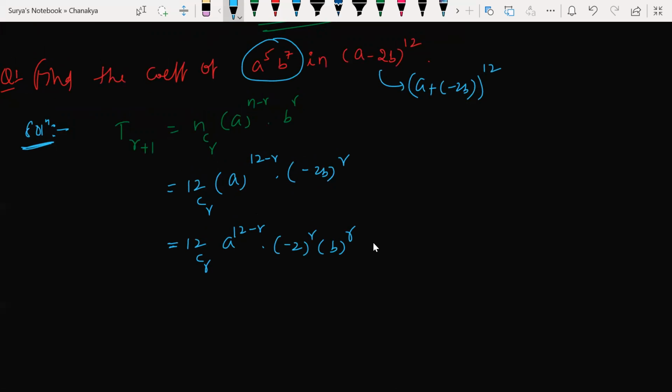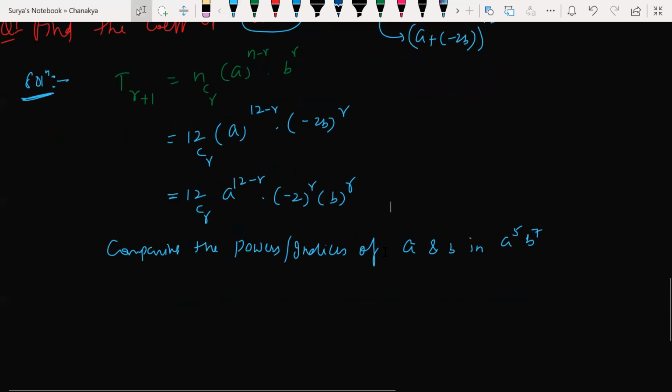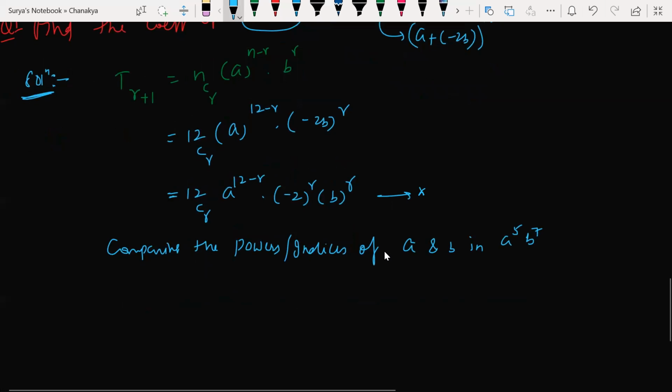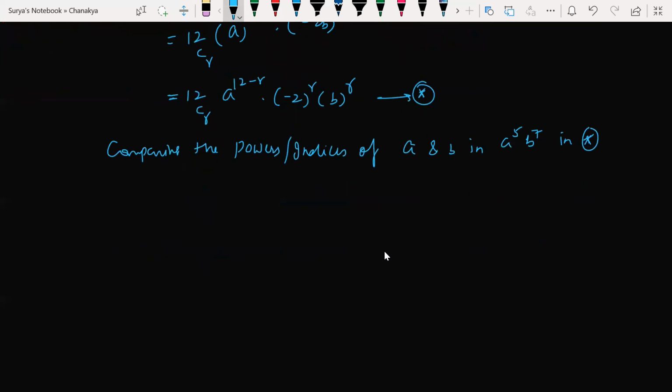So comparing the powers, or you say indices, of a and b in a to the power of 5, b to the power of 7, from the star equation.